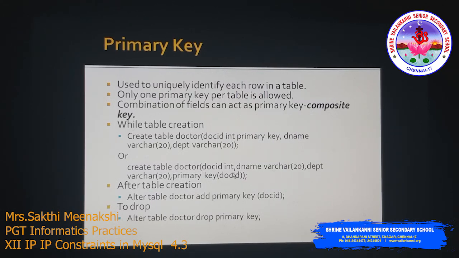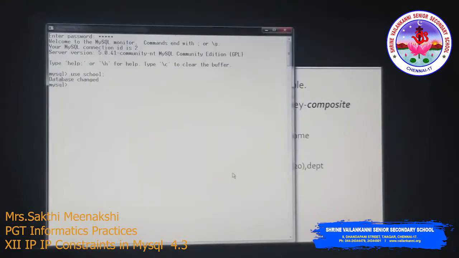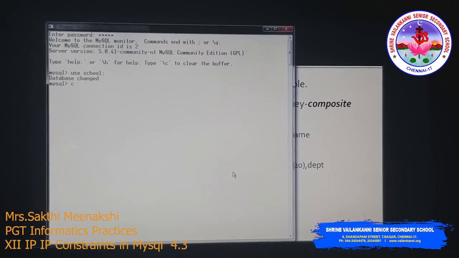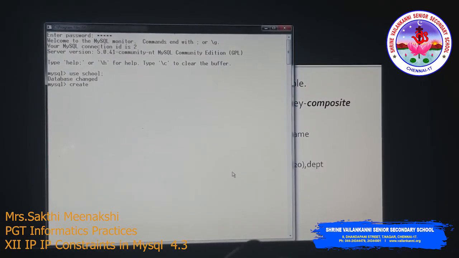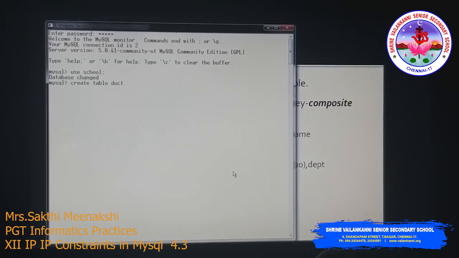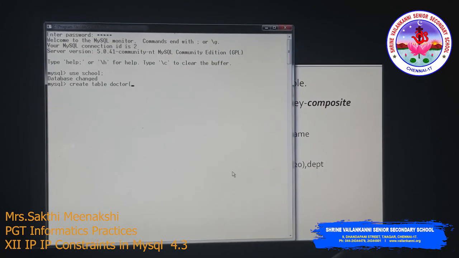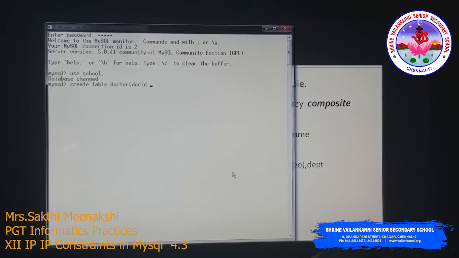Let's see the demonstration. I'm going to create a table called doctor. Create table doctor, doc id as integer 4, and then I'm giving it as primary key.